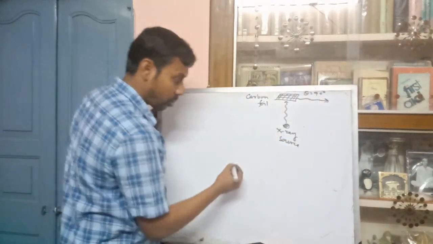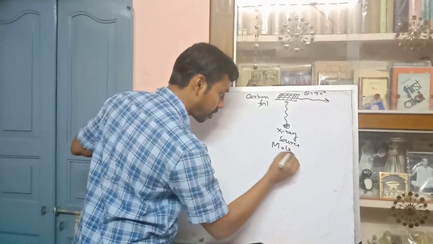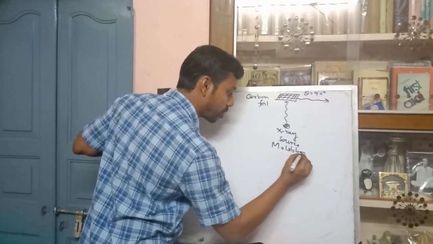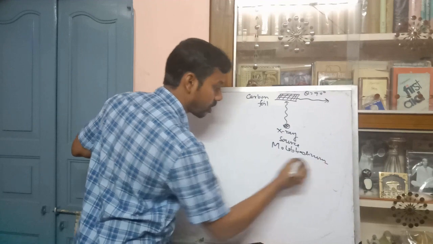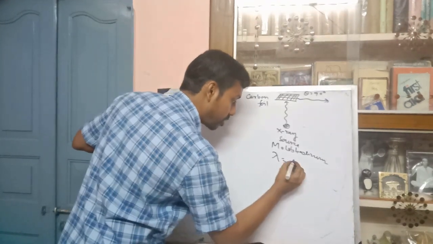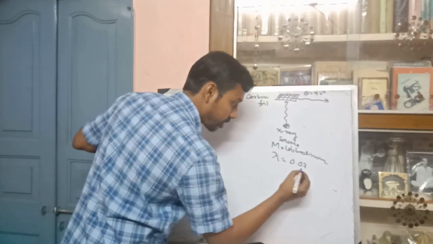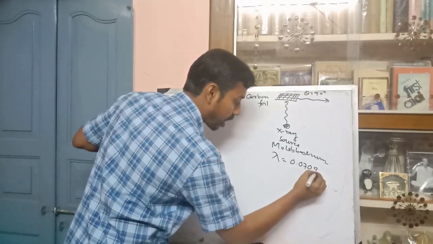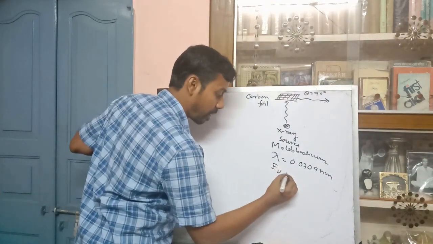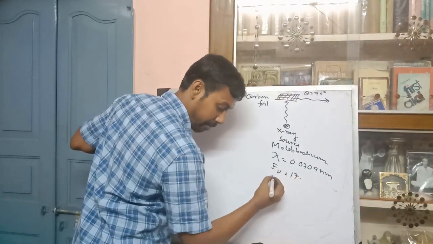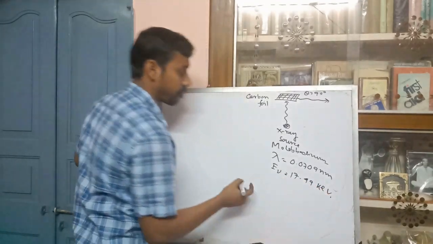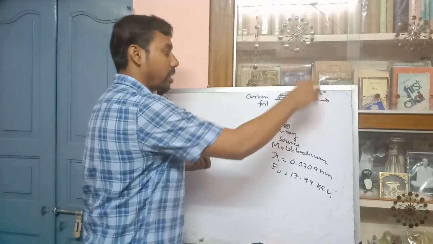And this X-ray source is molybdenum, with lambda equal to 0.0709 nanometer, and the energy of the photon E gamma is 17.49 kilo electron volt. This angle is 90 degree.